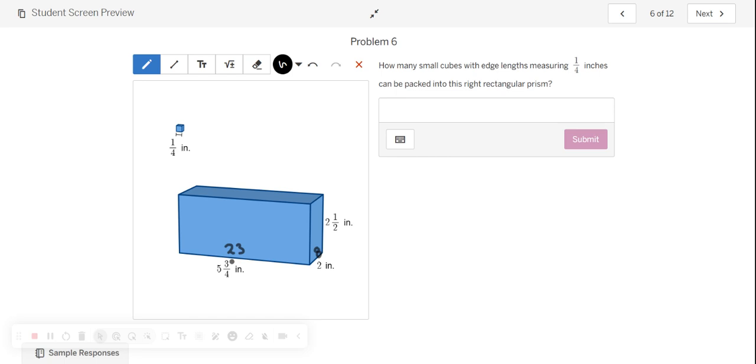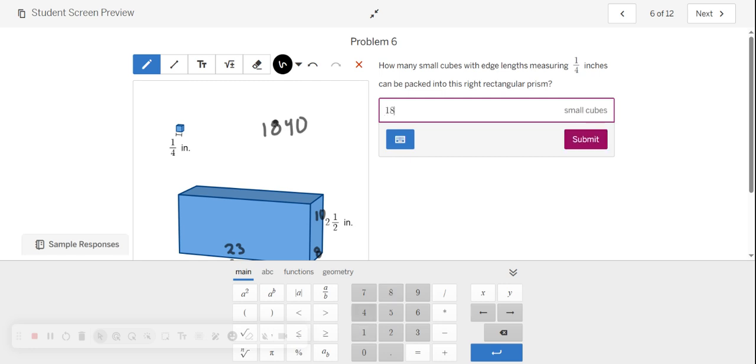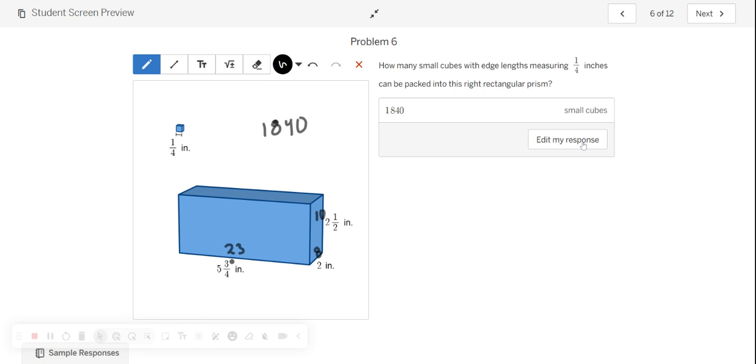And 2.5 ends up being 8 plus two of those, which is 10. So I have 8 times 10 times 23, and the answer is going to be 1840. 1840 small cubes, submit.